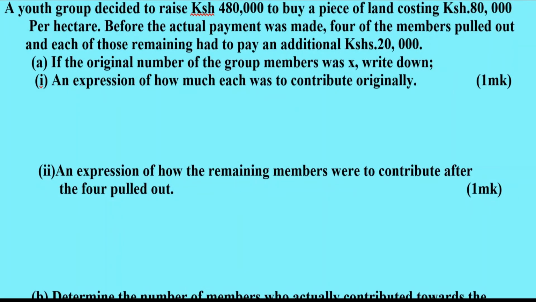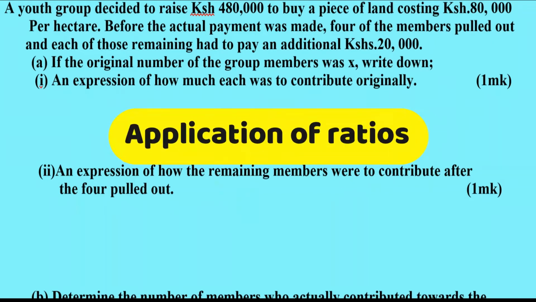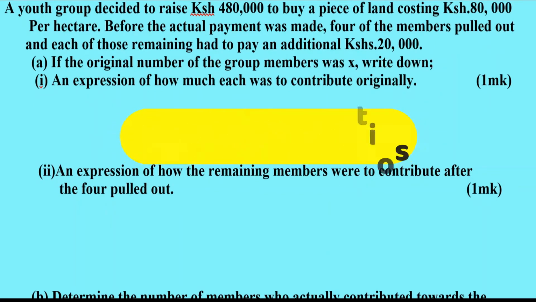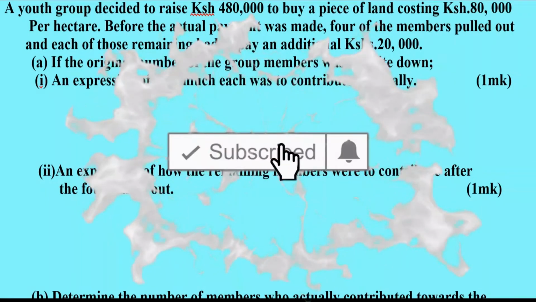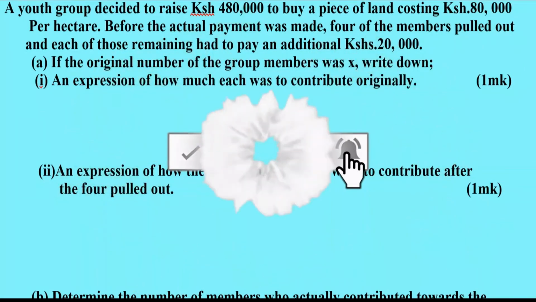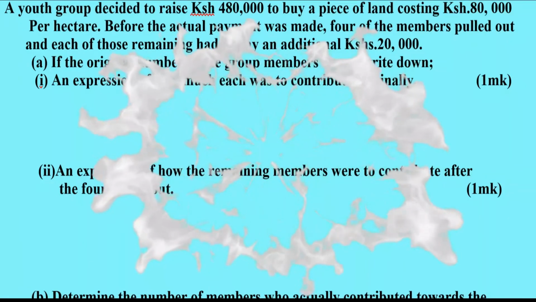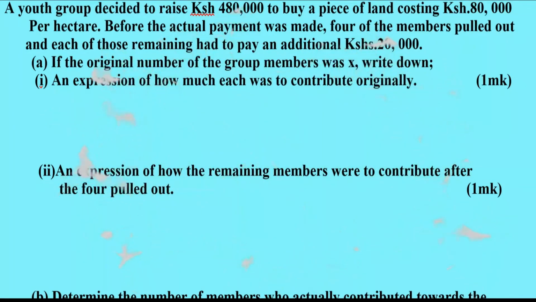A youth group decided to raise Kenya shillings 480,000 to buy a piece of land costing 80,000 shillings per hectare. Before the actual payment was made, 4 of the members pulled out and each of those remaining had to pay an additional 20,000 shillings.